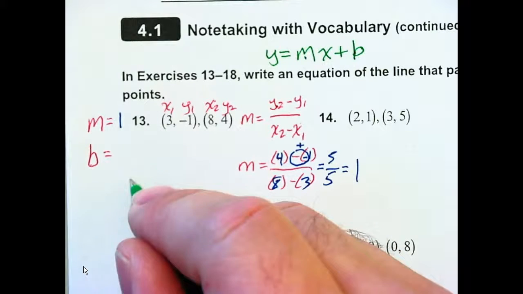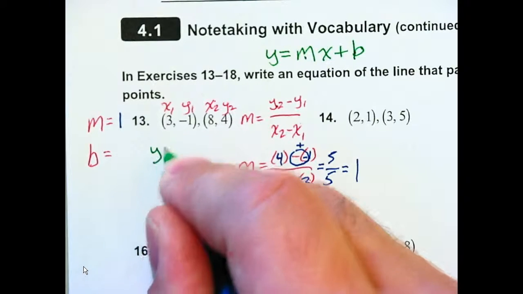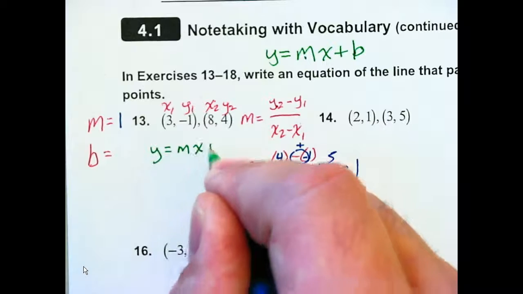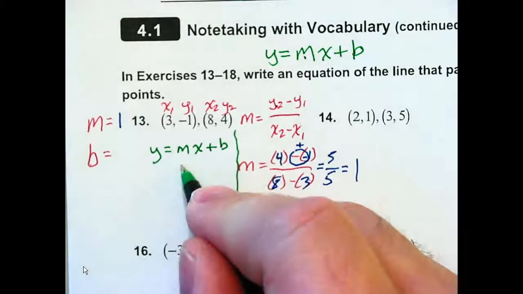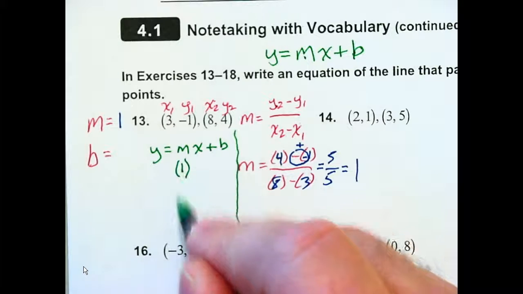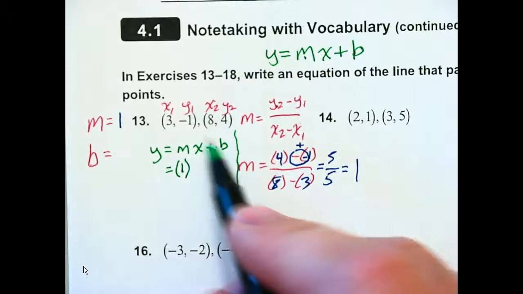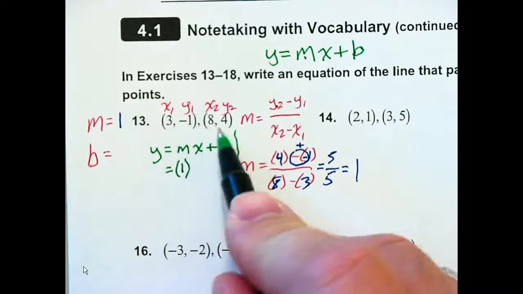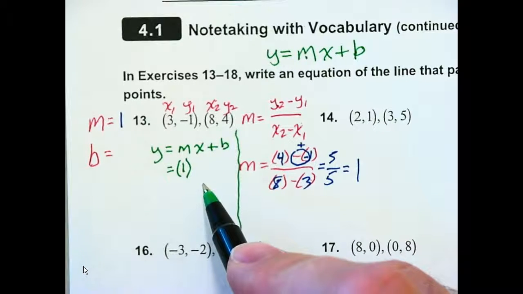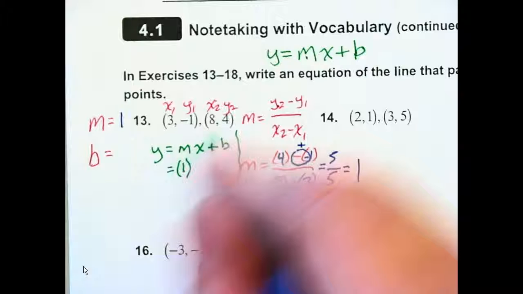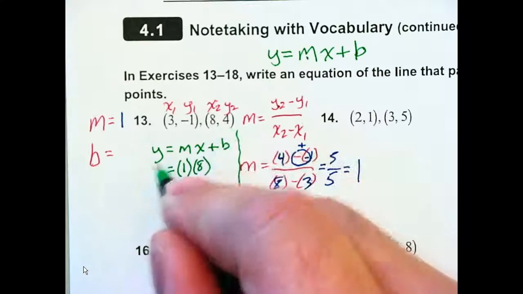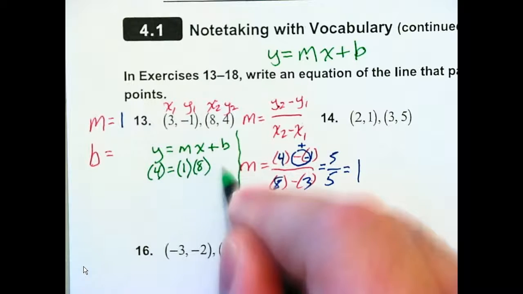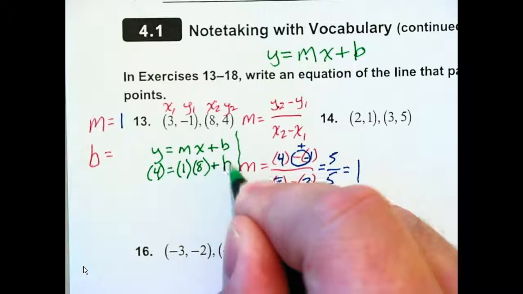In order to solve for b, I could plug in m, because I know that, and plug in an xy value. Which ones look easier, 3, -1, or 8, 4? 8, 4. So we've got to keep them together. We'll go with x is 8 and y is 4. And now I just have the single unknown of b.